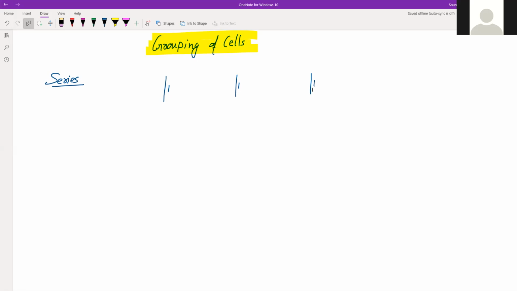Non-identical means they'll have different EMF, or they can have the same EMF. Suppose these cells are connected like this, and each cell will also have an internal resistance.